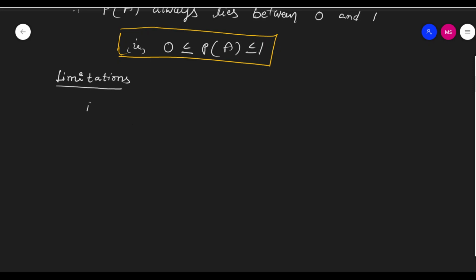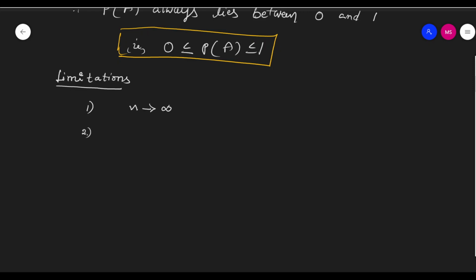One of the important limitations is that the definition cannot be used for infinitely large n, that is, n tends to infinity. If the number of trials n tends to infinity, meaning n takes large values, this definition fails. So this definition cannot be used for infinitely large n. This is one of the limitations.